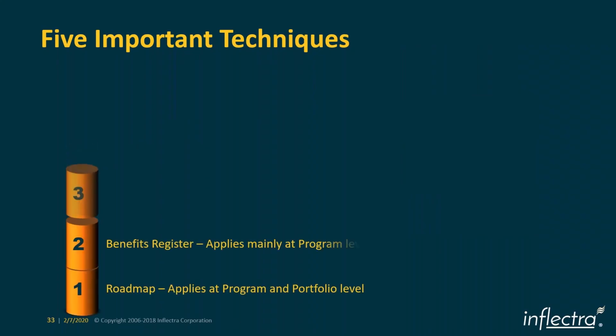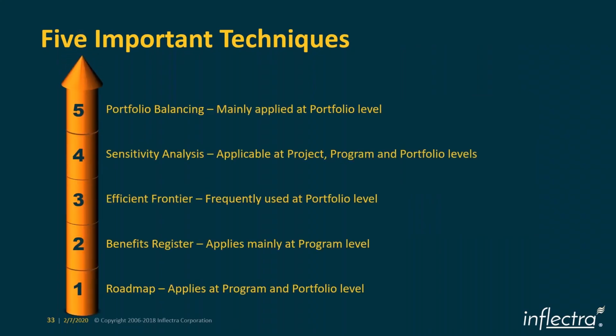Okay, so to summarize those 5 important techniques: the roadmap, the benefits register, the efficient frontier, sensitivity analysis, and the portfolio balancing approach. All these 5 techniques are the most critical techniques that I have found to be helpful. Depending upon the specific organization, project, and so on, the specific tool for how you apply those techniques can be different.